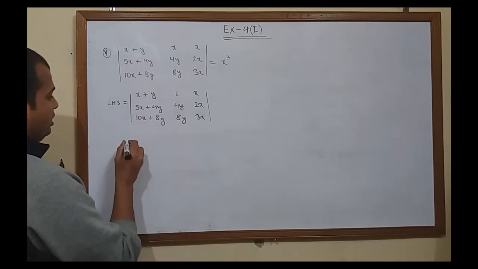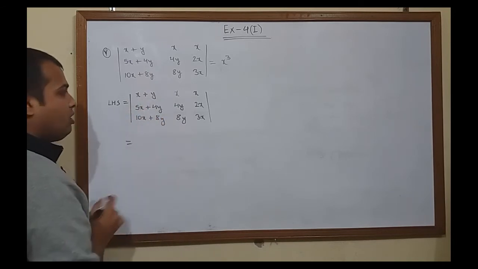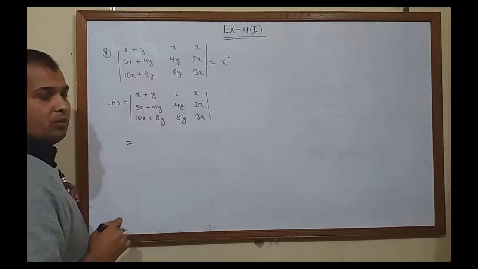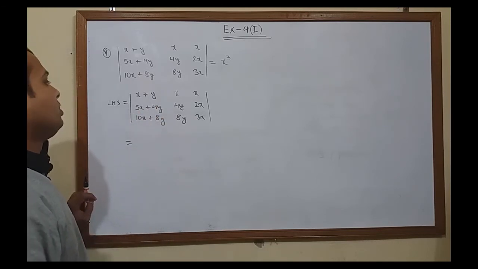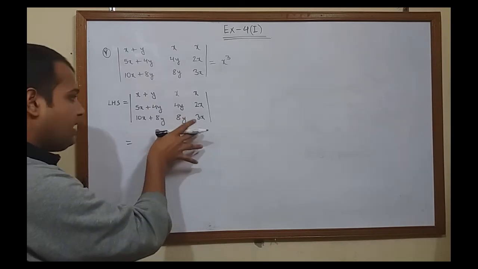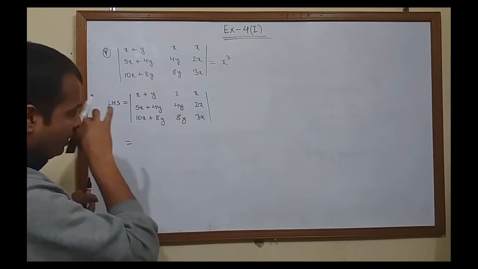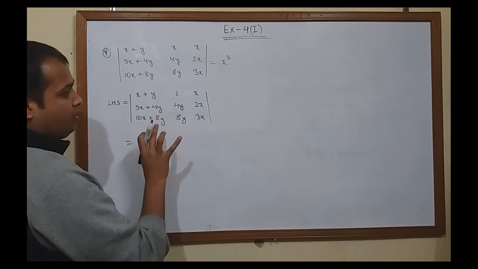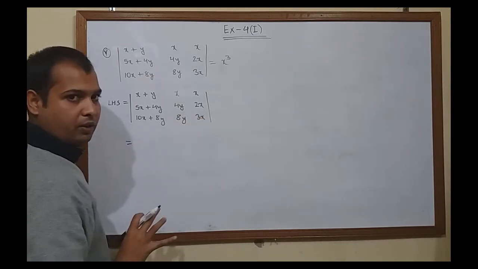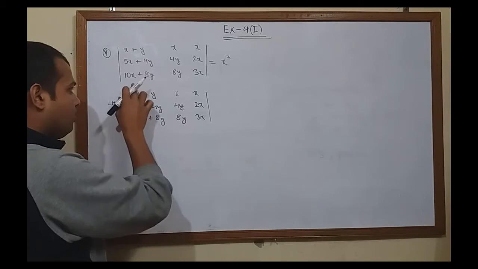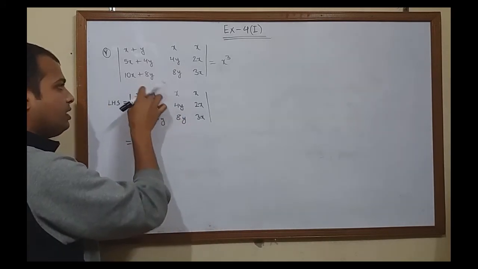Like here, in the first column, each element is a sum of two numbers: x plus y, 5x plus 4y, 10x plus 8y. So we can write this as a sum of two determinants, where in each determinant these two columns will be there, and in one only this will be the first column, and in the other this will be the first column.